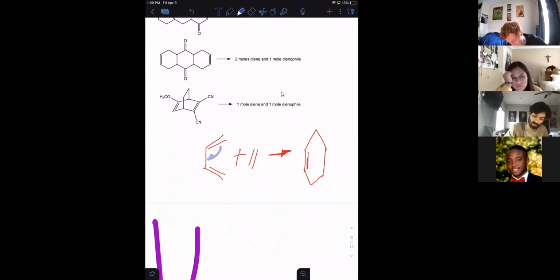So we've got this guy here, these guys will go here, and this guy will go here. That leaves only one double bond in the molecule. So if the new ring has a second double bond, that double bond has to have been there from the dienophile. In those circumstances, you'll have a third bond in the dienophile. Does that make sense?